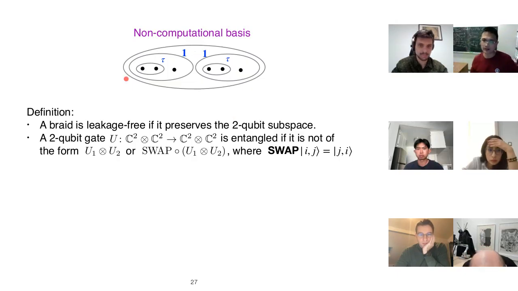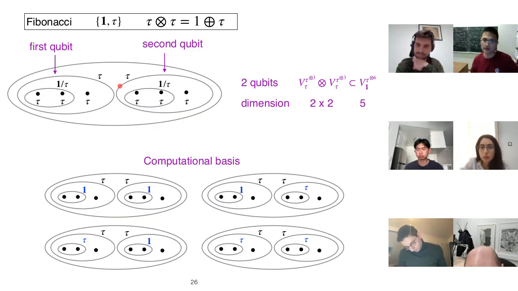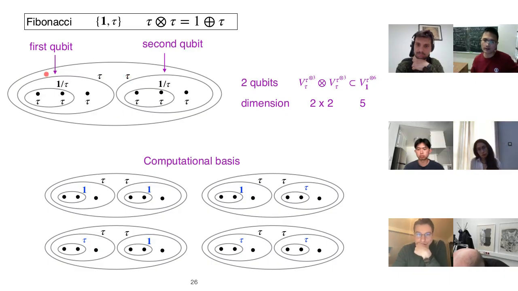But to choose the subspace, I group the first 3 and then enforce... Actually, that's a bad example. Maybe the previous slide. So if you look at the top figure, I group the first 3 and require the total type of the 3 anyons to be tau, and also group the last 3 anyons and require that their total type is tau. So essentially, I choose a subspace with restrictions on subsets of anyons.